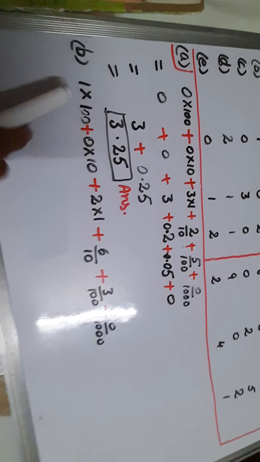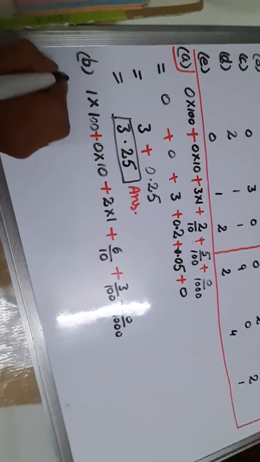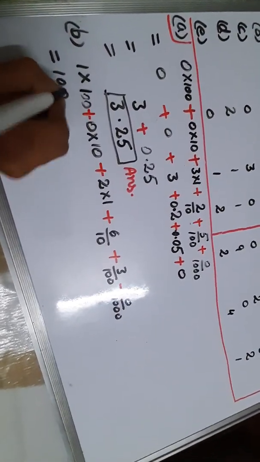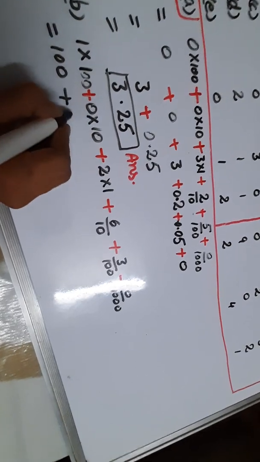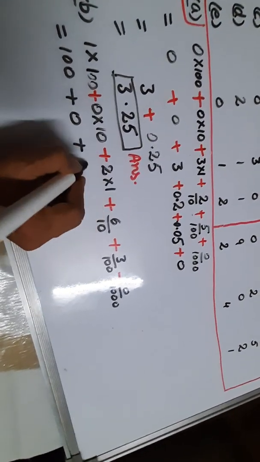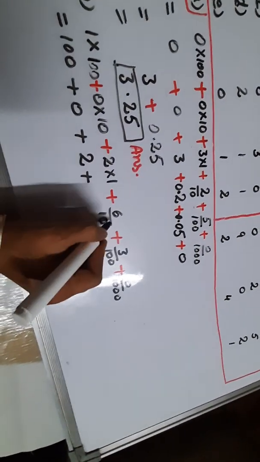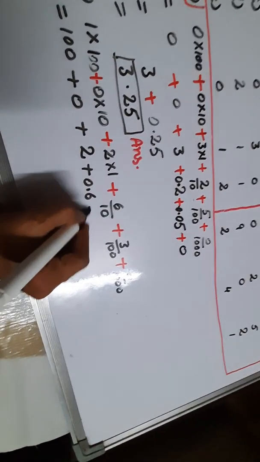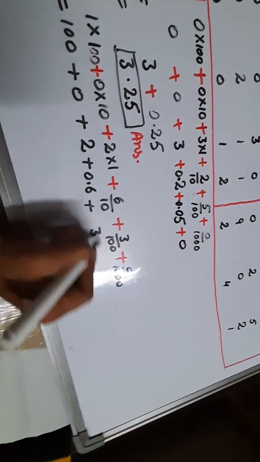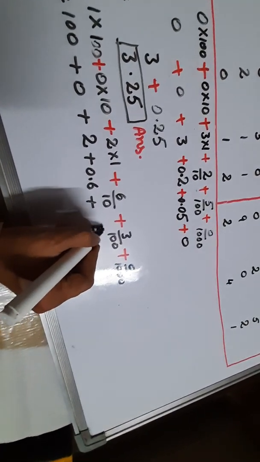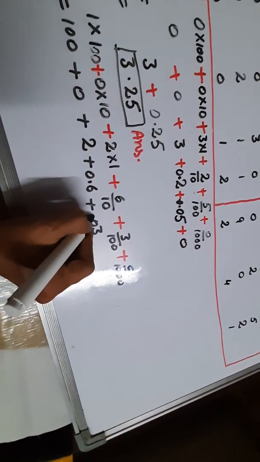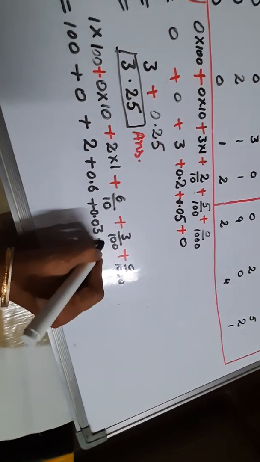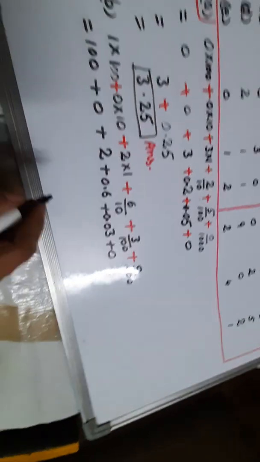Now just solve it. You know that 1 multiplied by 100 is 100, plus 0 multiplied by anything is 0. 2 into 1 is 2, plus for this let us take a decimal, leave 1 digit, plus write down 3. For 2 zeros take decimals, 1 digit, 2 digits, then place a decimal, then plus 0 divided by anything is 0.